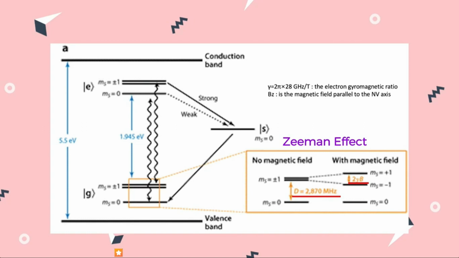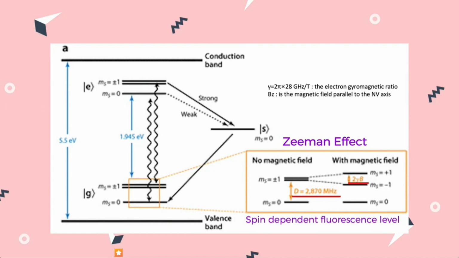The ms plus-minus 1 states are split, there is a gap between plus 1 and minus 1, and that is called the Zeeman effect. Its value is 2π × 28 gigahertz per Tesla, that is the electron gyromagnetic ratio times Bz, where Bz is the magnetic field.